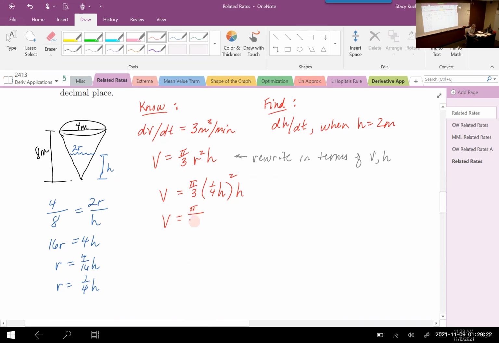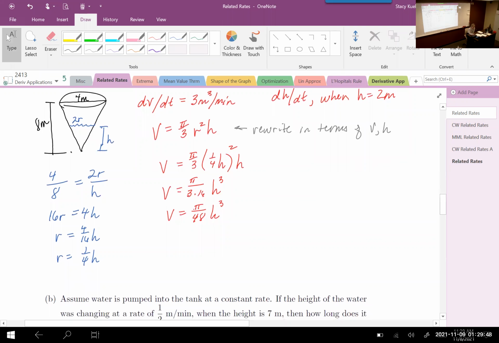Pi over 3 times 16, h cubed, and 3 times 16 would be 48, correct? Yes. Okay. So that's the formula for volume written solely in terms of V and h.